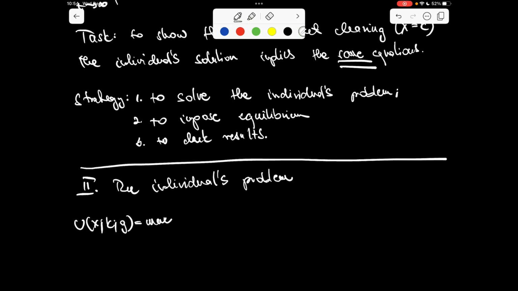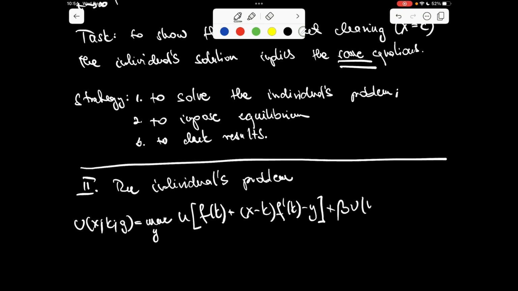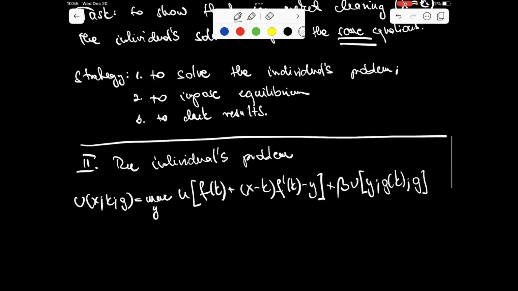What we are supposed to do is to maximize this function in terms of his private capital stock next period, which is y, while the economy as a whole follows its own optimum policy function g. Okay.